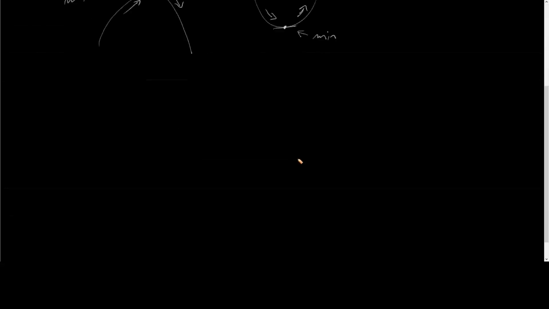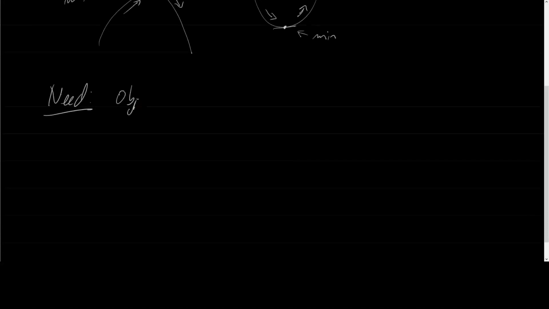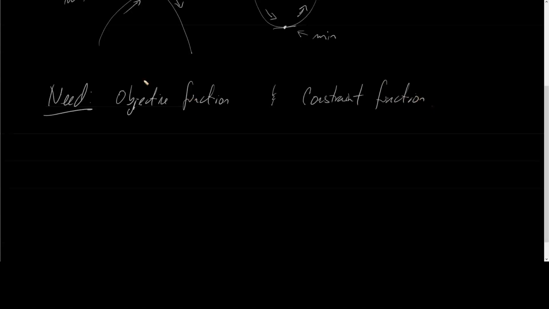In general, this is what we need. We need an objective function and a constraint function. Essentially, the objective function is, given this scenario, what is it that we're trying to maximize? What is it that we're trying to minimize?